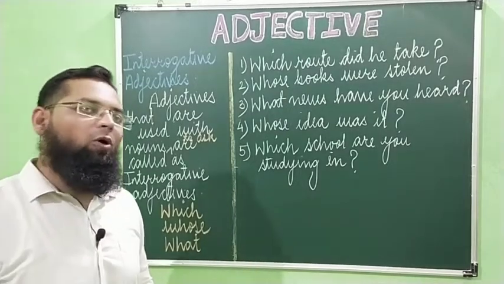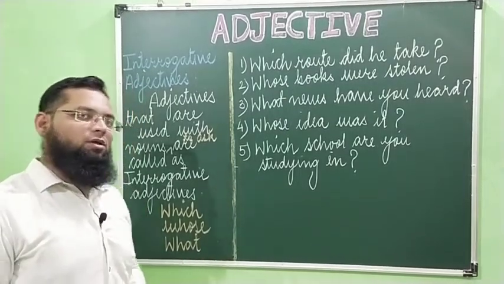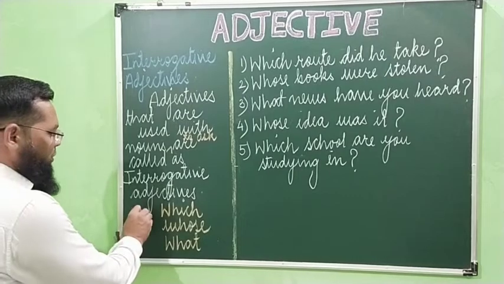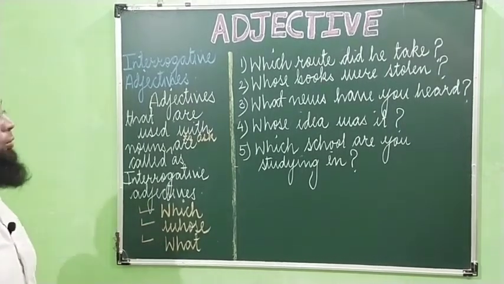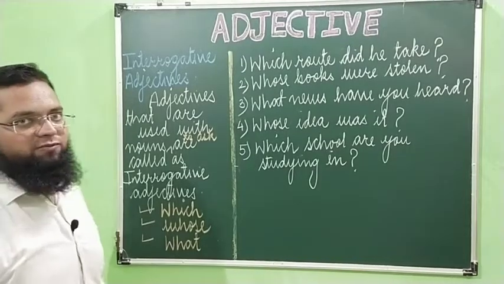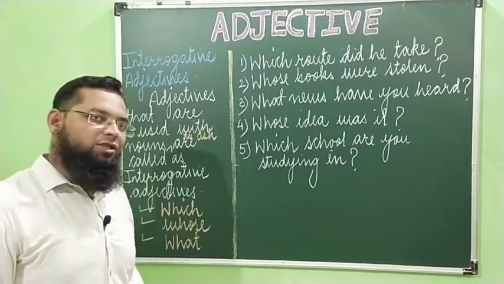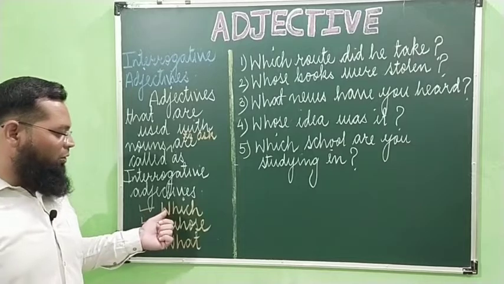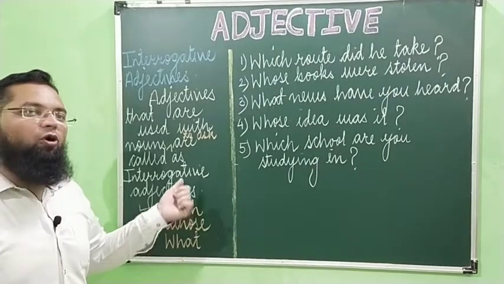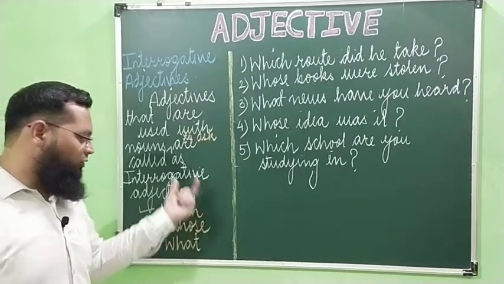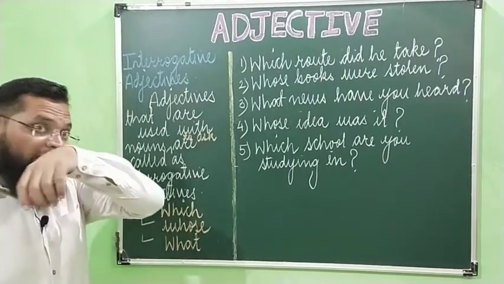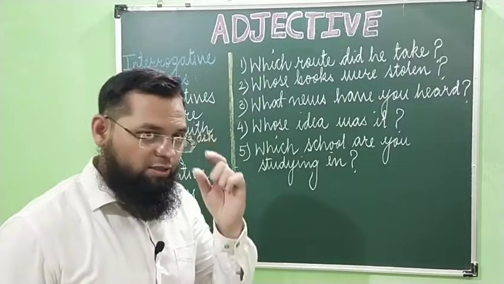We use W or H words to ask questions. These are the 3 W or H words included in interrogative adjectives. But the condition is that these W or H words should be followed by a noun, then only it will be an interrogative adjective.